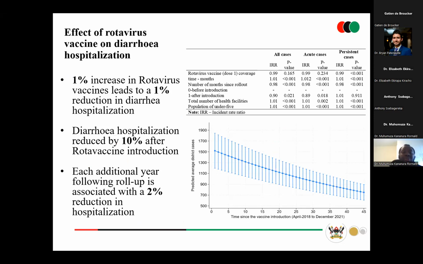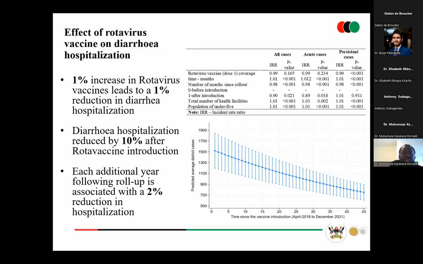So in terms of how these affect hospitalization, this is the model based on the negative binomial, which is to some extent the same as a Poisson model. We see a 1% increase in rotavirus vaccine leads to a 1% reduction in diarrhea hospitalization. And here we considered rotavirus vaccine 1.